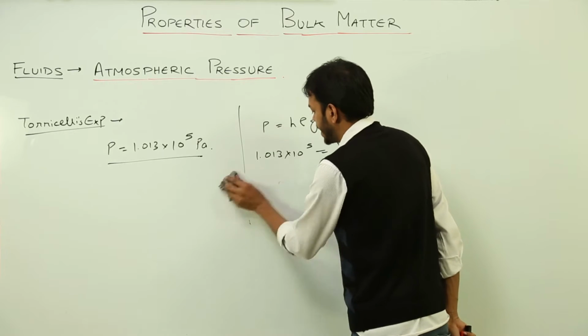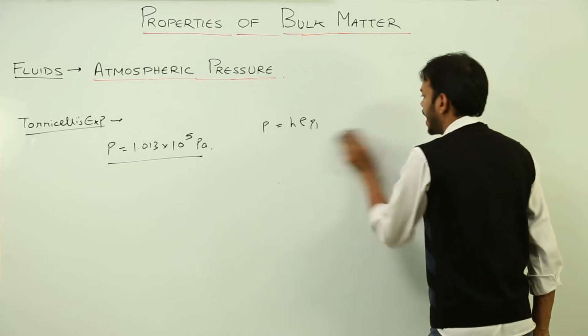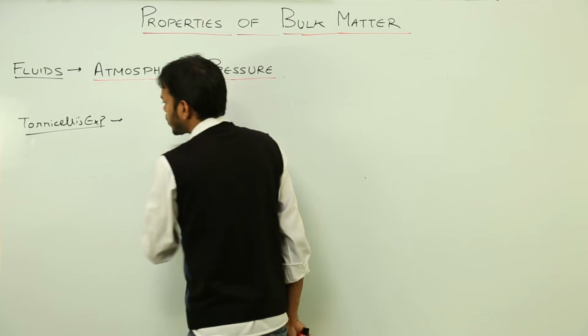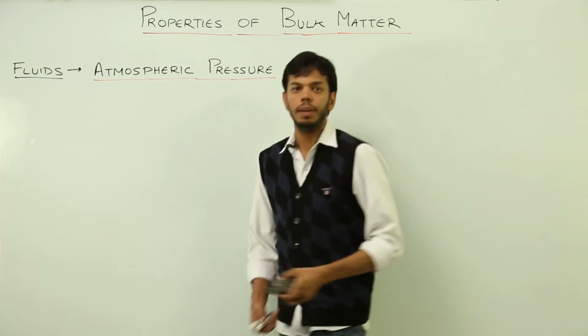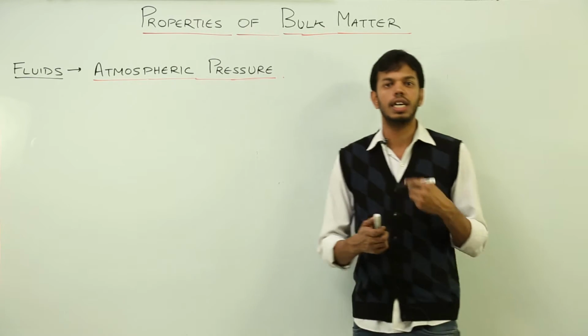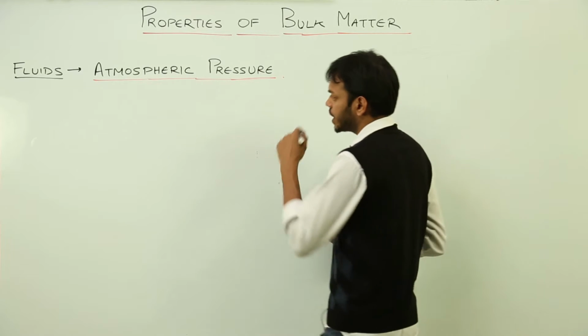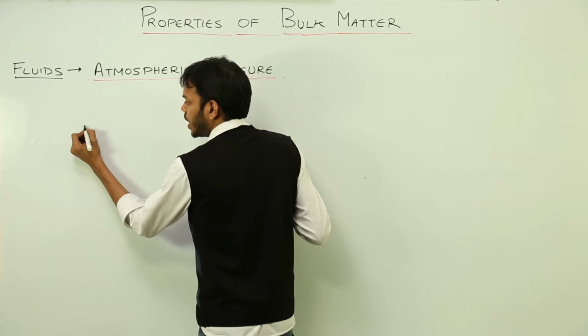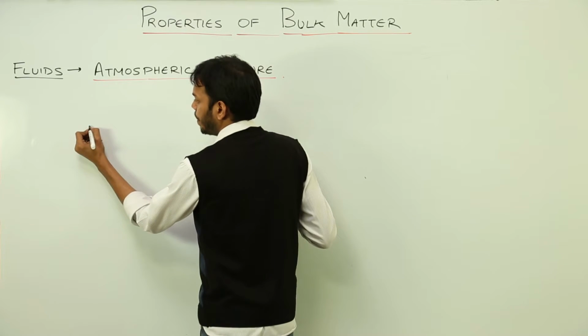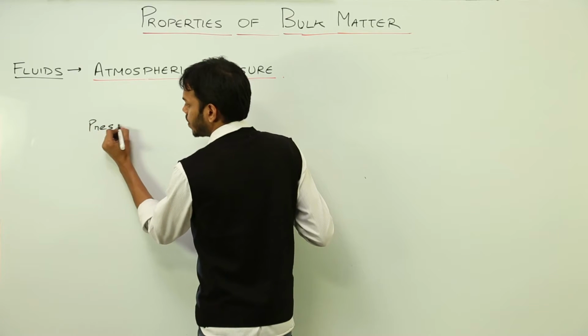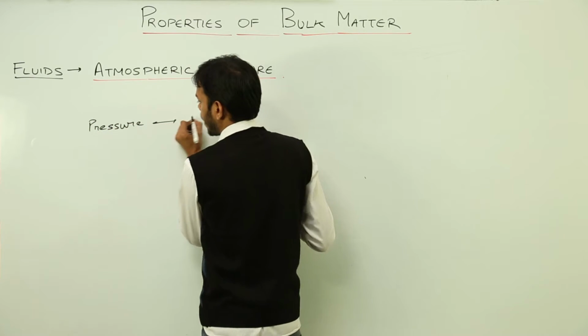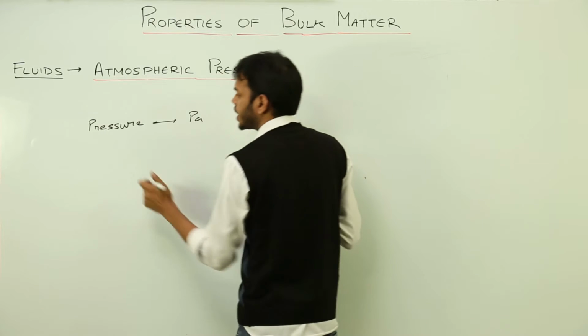So this was the Torricellian experiment. Now since we have done atmospheric pressure, let's go through some important units which we use to study atmospheric pressure. First of all, we measure pressure in pascals, right? We have already studied that.